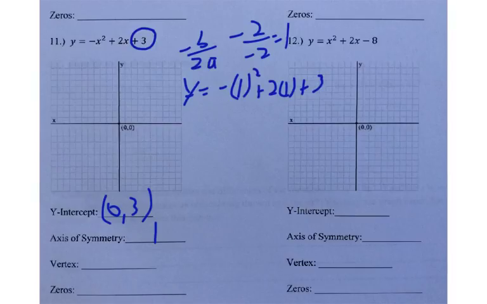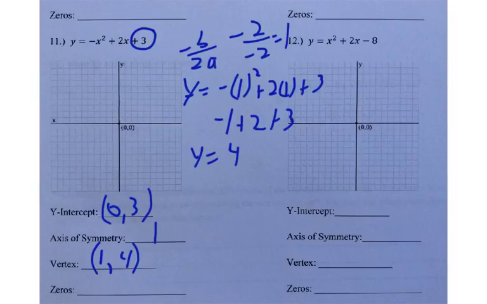And 1 squared is 1, and then I bring down the negative, so that's really a negative 1. And then plus 2 plus 3. Negative 1 plus 2 is 1. 1 plus 3 is 4, so y equals 4. So for my vertex, write the ordered pair. The axis of symmetry comes first, so it's 1, 4.